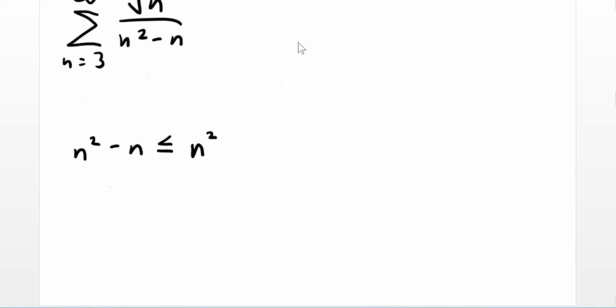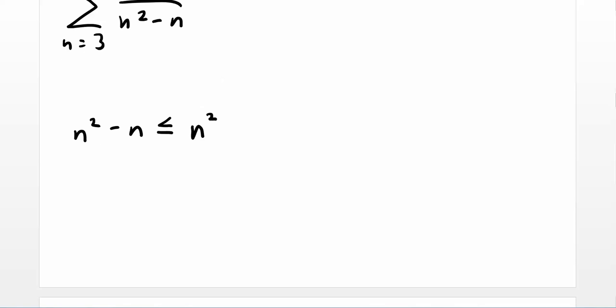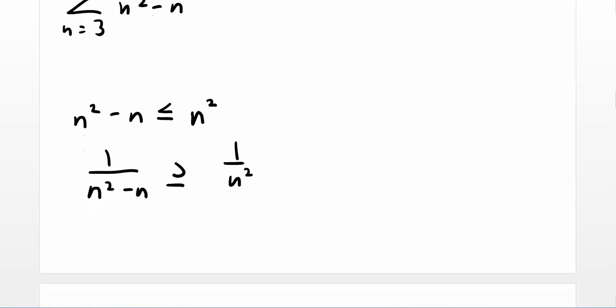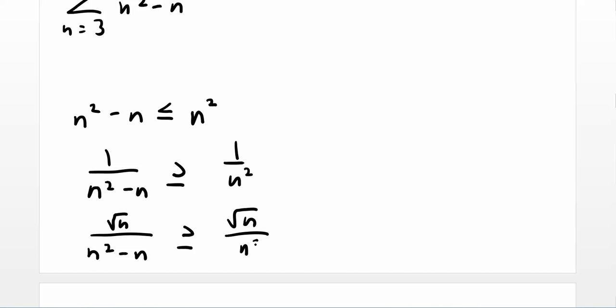Actually, I think that's the only one I'll need here. So this implies, of course, that 1 over n squared minus n is greater than or equal to 1 over n squared, which implies square root of n divided by n squared minus n is greater than or equal to root n over n squared.